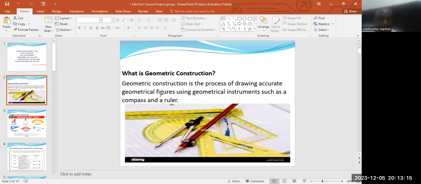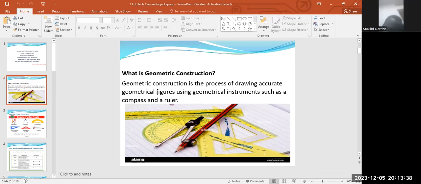In this case, as I've told you about the rabbit project, our figure can be a house. I think each of you is going to know what a house is, not so? My learners, is there anyone who doesn't know a house? Yes. Okay. If you know a house, geometric construction is all about coming up with accurate drawings.